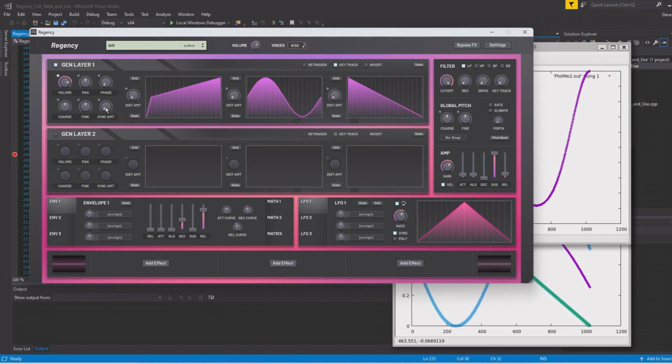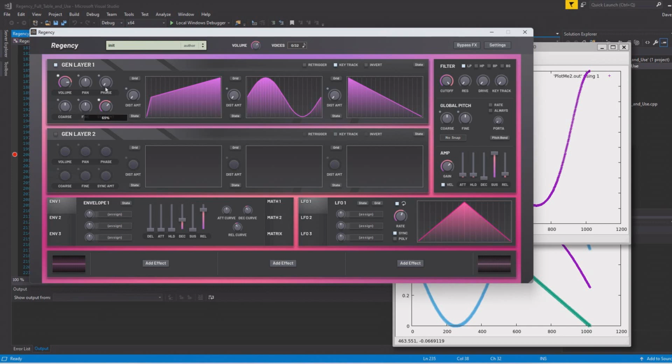The formula for this sync amount to give you the number of ramps is 7 times sync amount squared plus 1. Right now this is set to 0, so 7 times 0 squared plus 1 is 1 ramp. If you work this out at 38% or thereabouts, it would give 2 ramps.